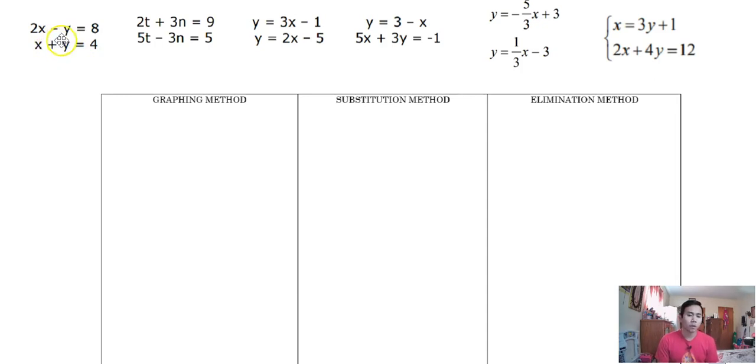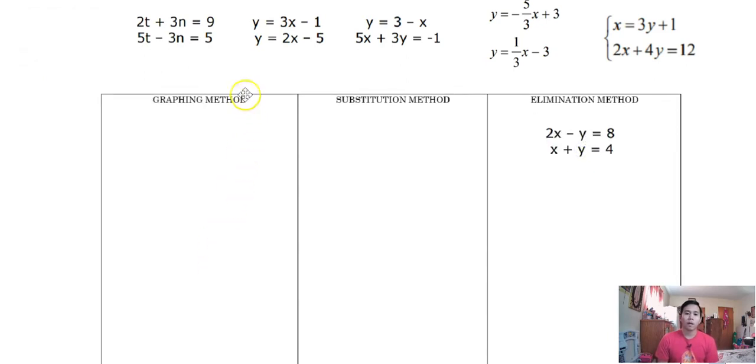Both equations are written in standard form. As I've said, standard form is ax plus by is equal to c. So we have to use the elimination method. Remember, if it is written in standard form, then it's the elimination method.